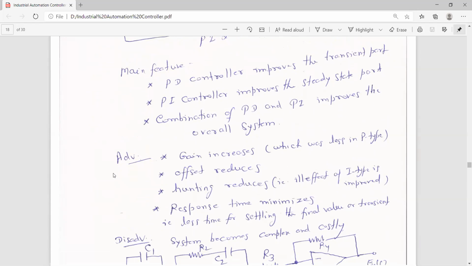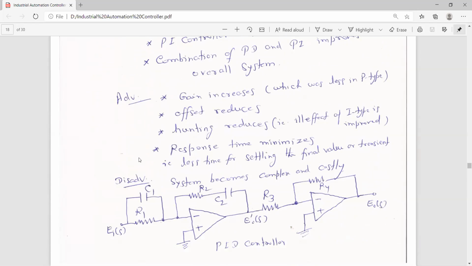The advantages of all the individual controllers are available here. Gain increases, which was less in the proportional controller alone. There was offset in the proportional controller, which is reduced because of the integral controller.